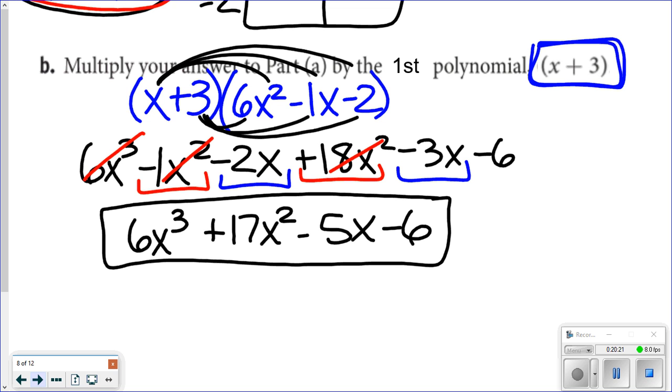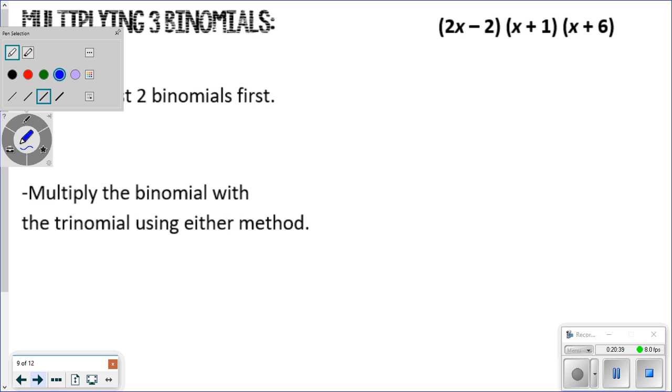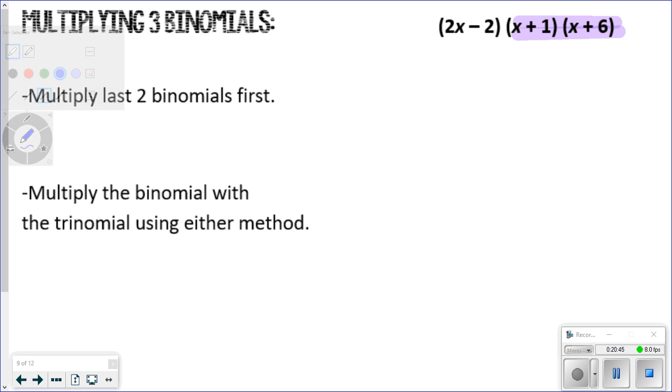And what I want you to do is fill this in on our note sheet. So you should have it. We're going to multiply the last two binomials first. Okay, so we are going to multiply x plus 1 and x plus 6 first. If you want to use the box method, go for it.